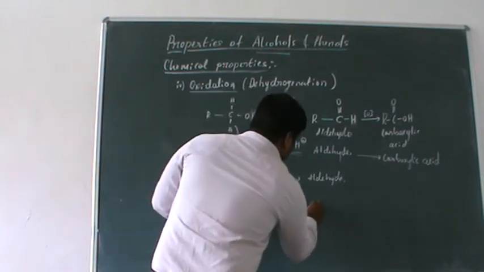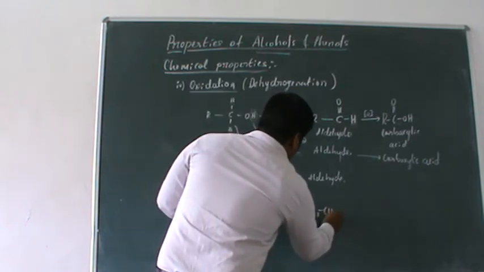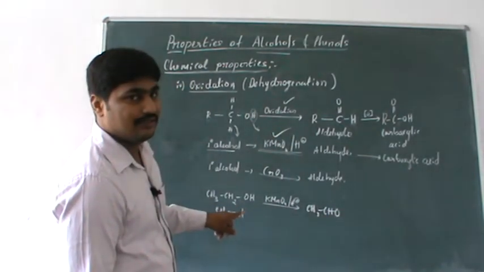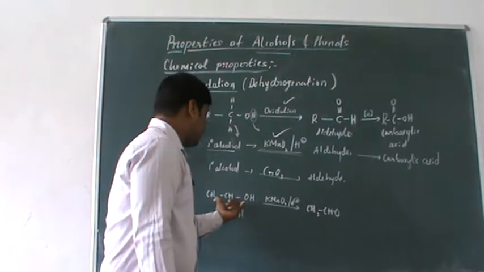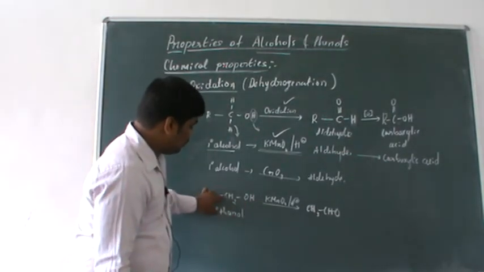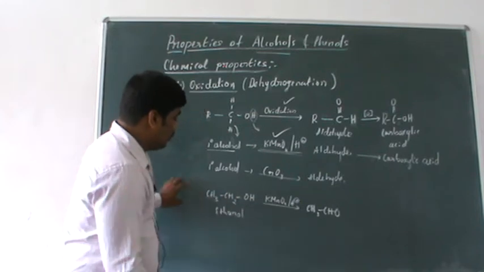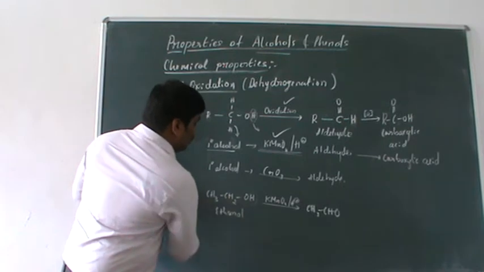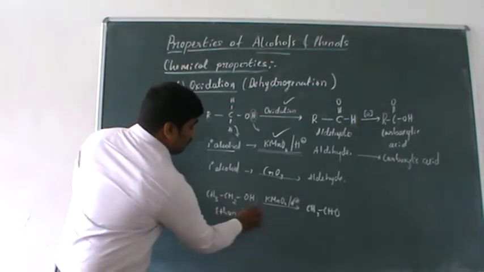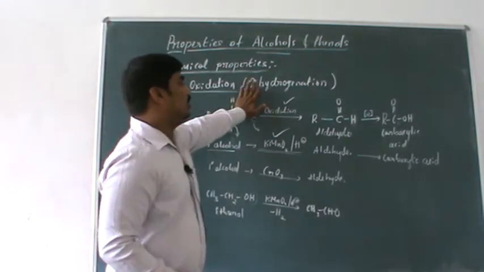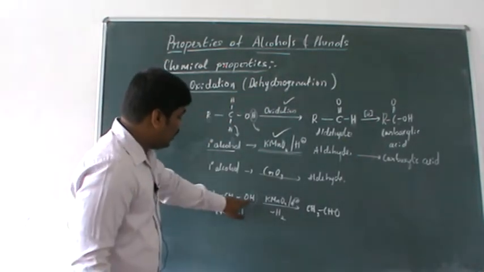Next, CH3CHO. Confused? I am explaining it. How is this product formed? In CH3CH2OH, the H of the alcohol and another H of the carbon are eliminated. Dehydrogenation takes place.